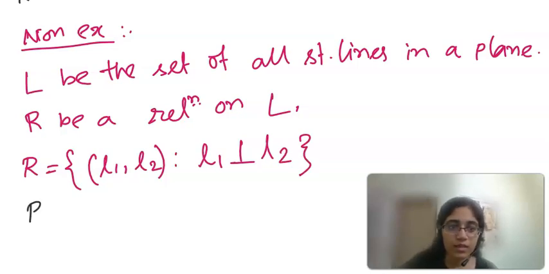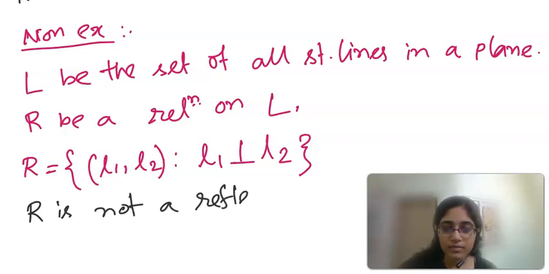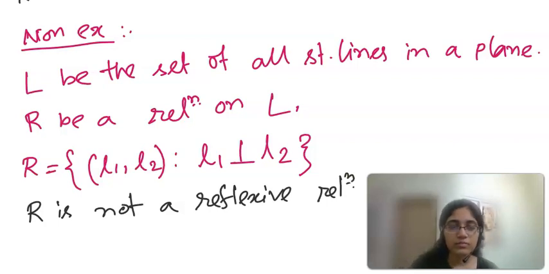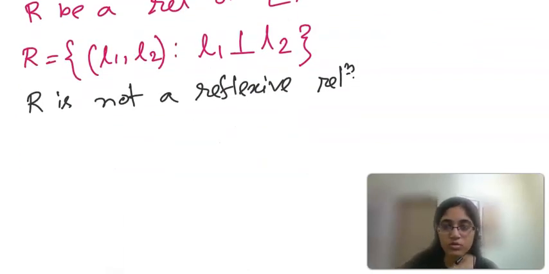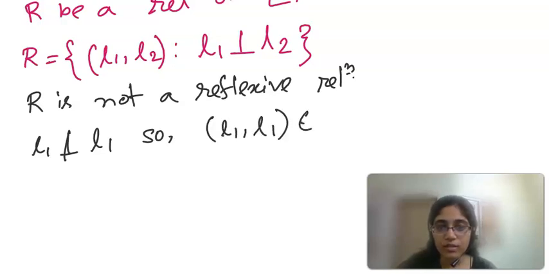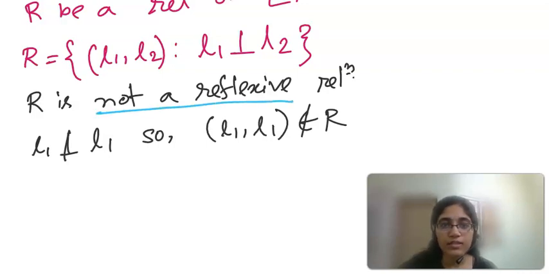Then R is not a reflexive relation. Why? Because we know that no straight line is perpendicular to itself. That is, L1 is not perpendicular to L1. So the ordered pair (L1, L1) doesn't belong to R. Hence, R is not a reflexive relation. Till now we have seen some examples and non-examples of a reflexive relation.